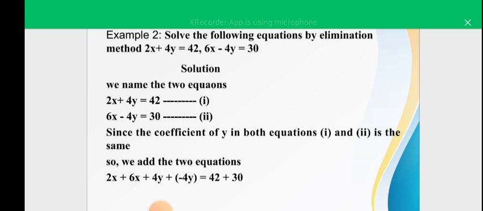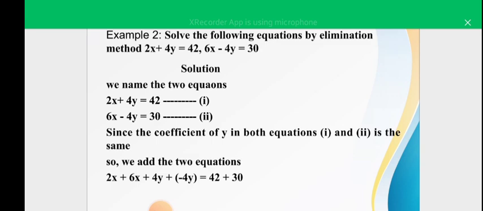So since the coefficient of y in both equations 1 and 2 is the same, how are you going to manipulate the two equations so as to remove or eliminate one of the variables, since the variables are 2, x and y?